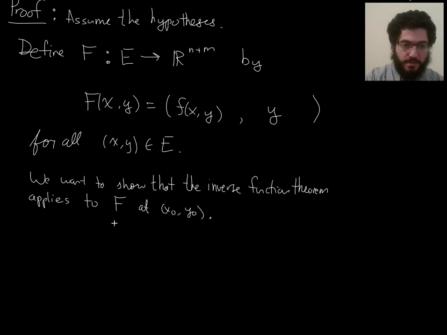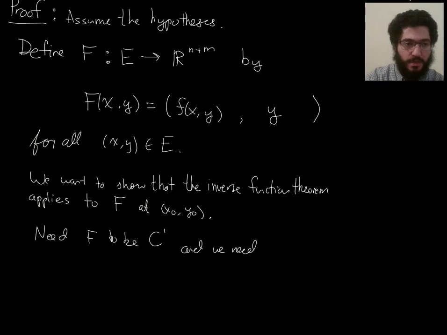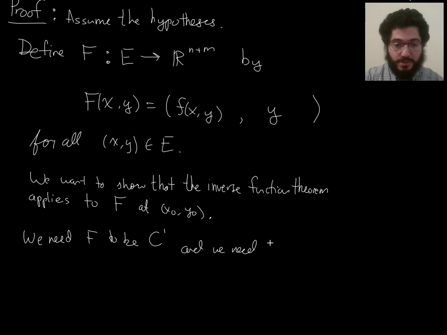So what we need to apply the inverse function theorem to capital F, looking back at the hypotheses of the inverse function theorem, is that we need capital F to be a C1 function, and we need that capital F prime at x naught, y naught is invertible.